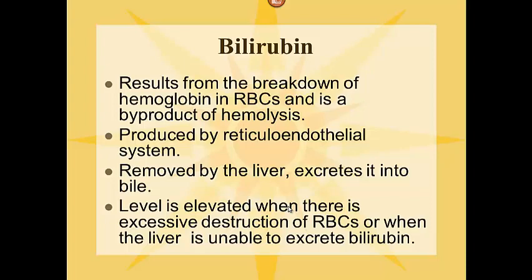Now, if you remember the anatomy, whatever is connected to the liver and the gallbladder, such as the common bile duct in cholangitis, or the duodenum, duodenitis, or the pancreas, pancreatitis, will produce the posthepatic causes of hyperbilirubinemia. The posthepatic causes will give you an elevation of direct or conjugated bilirubin.